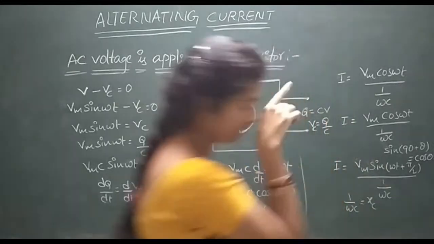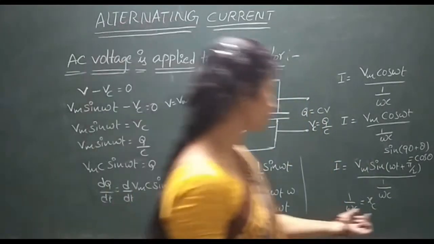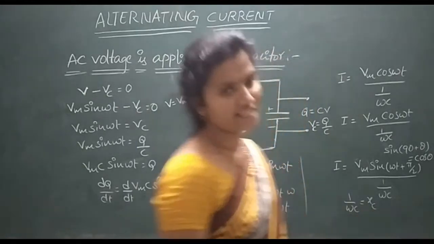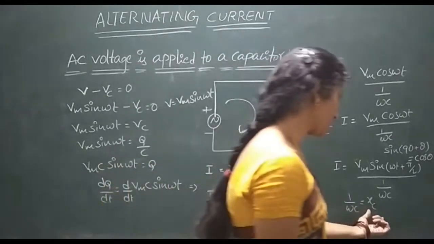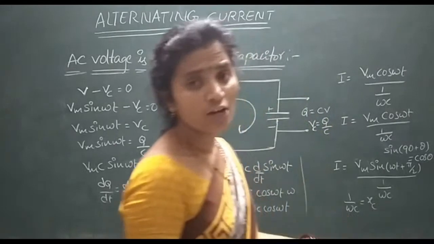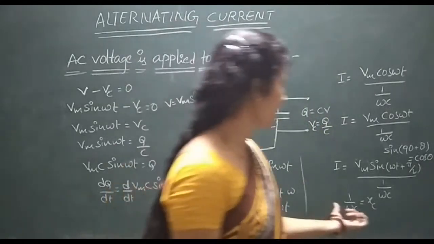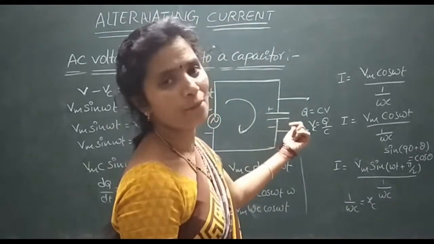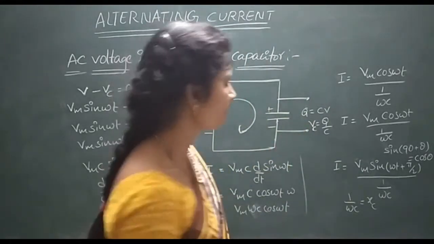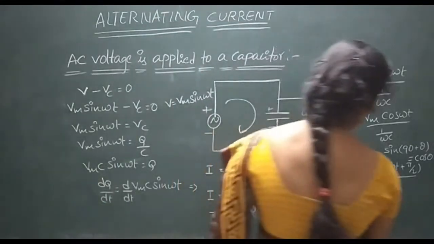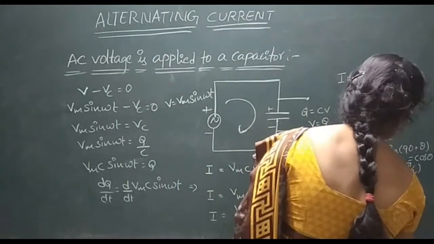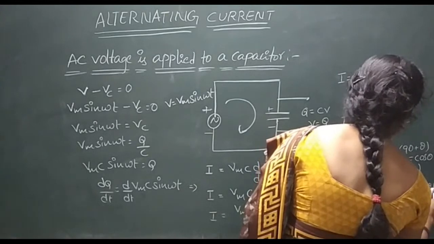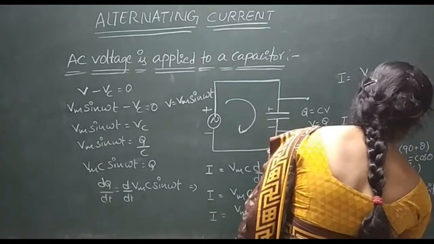Here Xc is the resistance offered by the capacitor. This 1 by omega C is known as capacitive reactance.